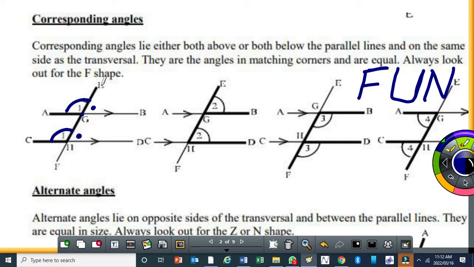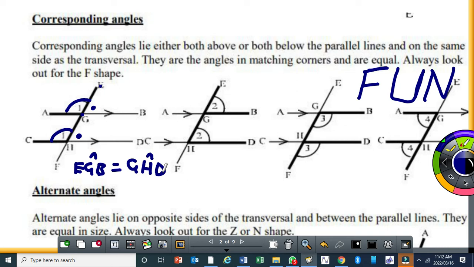That is EGB. So EGB is equal to, I can call it GHD. They are equal. They are corresponding angles.